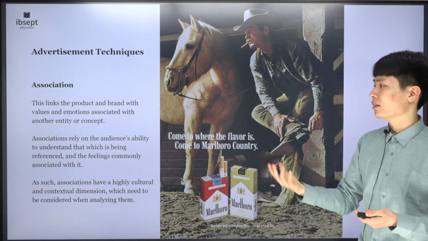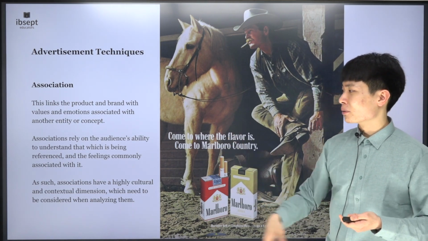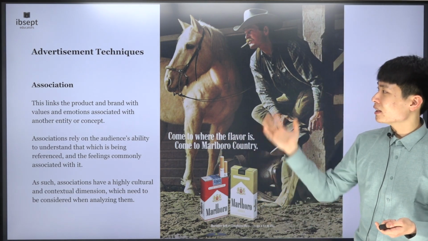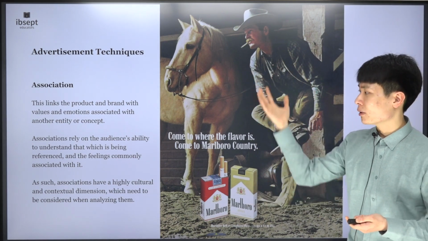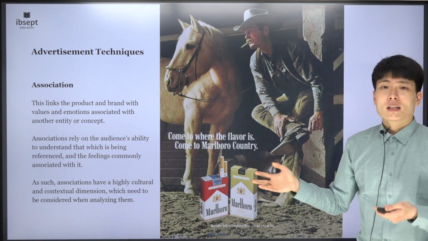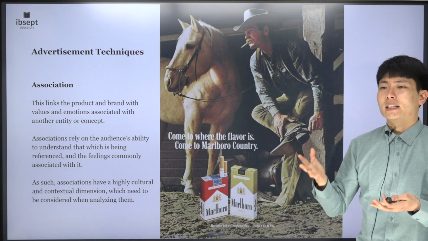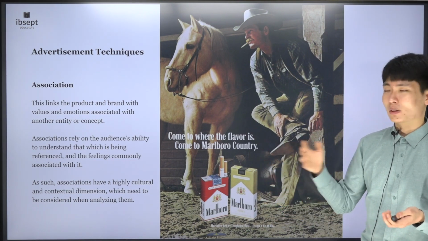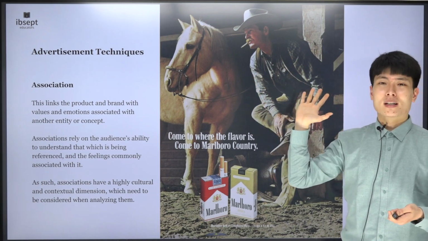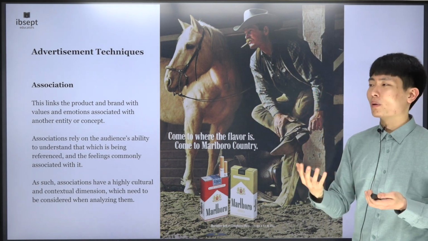So that is how association works. It relies on the audience's ability to understand and appreciate what is being shown. And the thing is, associations have a very highly cultural dimension to them. So I mentioned that whole idea of cowboys and the American West.